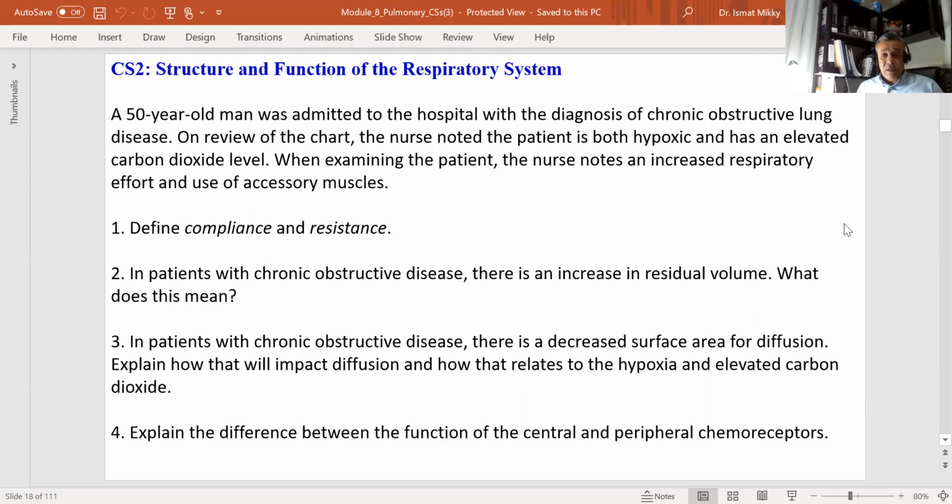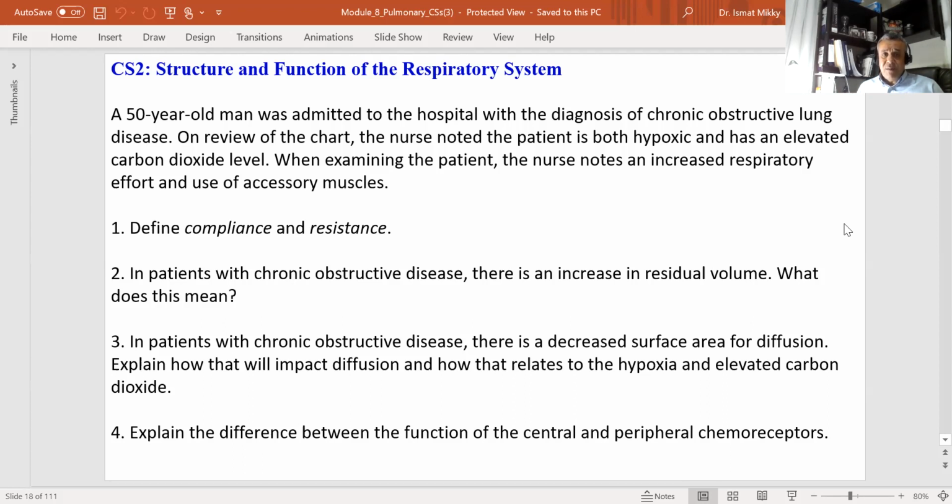Especially also with the presence of surfactant. Neonates or newborns who are premature have an insufficient amount of surfactant, because surfactant is a substance that increases the surface area at the alveolar membrane.